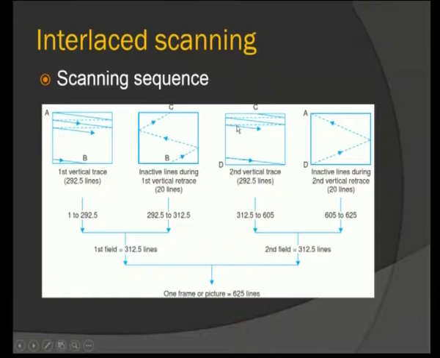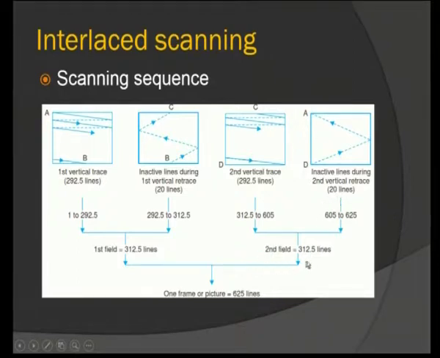Next, the second vertical trace, again tracing the second time. The remaining lines here, we are again considering the second field, also 312.5 lines. Again it starts from the beginning and ends at the end, completing 312.5 lines, and the remaining inactive lines during this vertical scanning, also called retrace lines, will be 20 lines again.